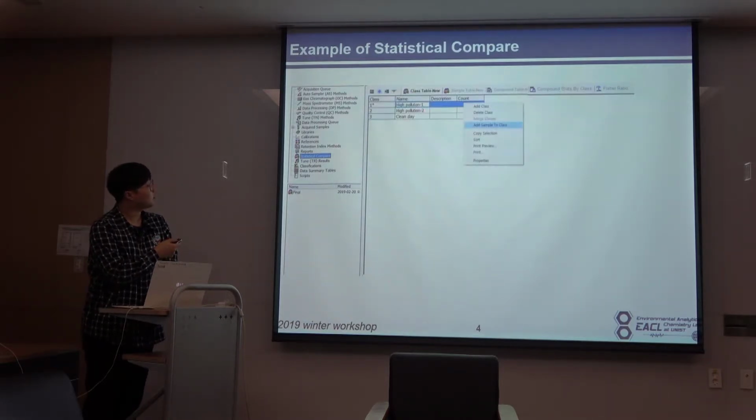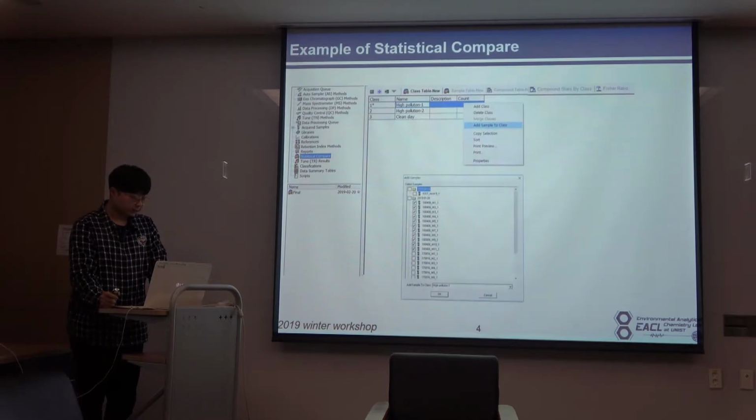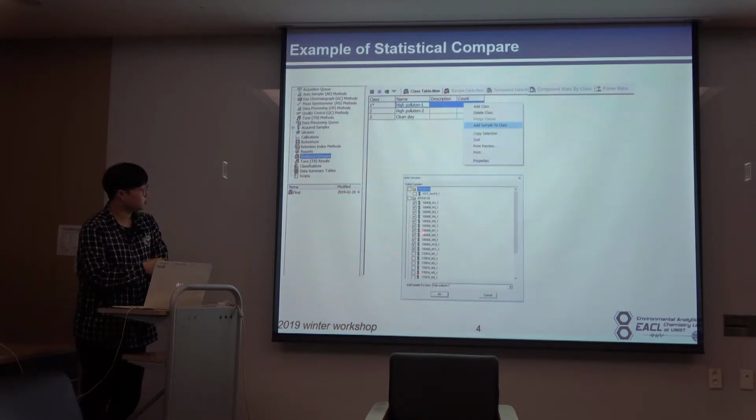And for each class we can add samples. For example, in the high pollution episode, we can input 2 samples, 3 samples, and 5 samples respectively. So we can check the samples by each class.